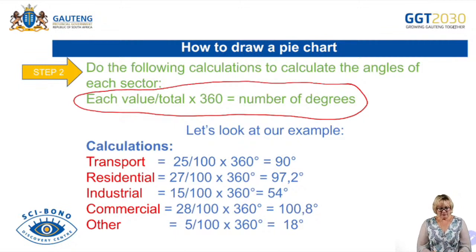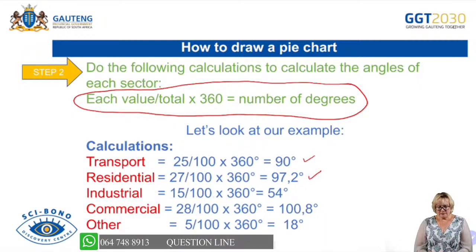Now let's look at our calculations. There's transport, it's 25 out of 100. So multiply by 360 degrees, gives you 90 degrees. Okay, so transport must be a 90 degrees sector in our circle. Residential, 27 divided by 100 multiplied by 360 degrees gives you 97.2 degrees.